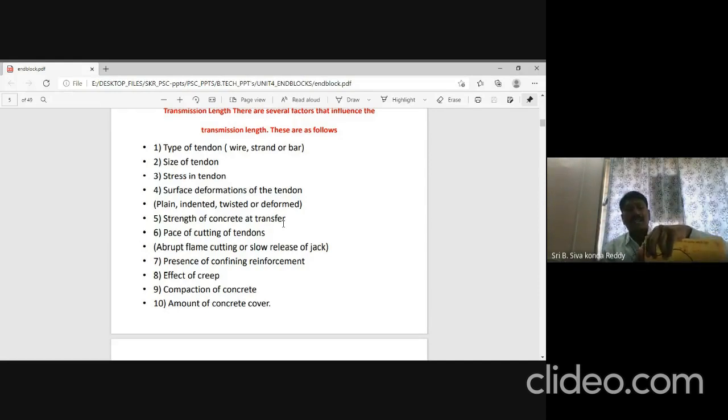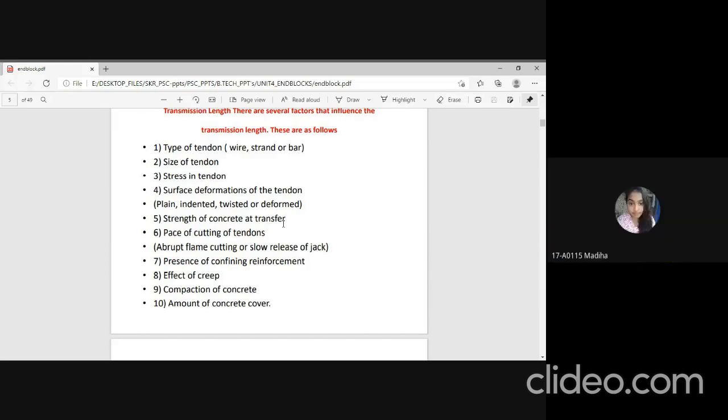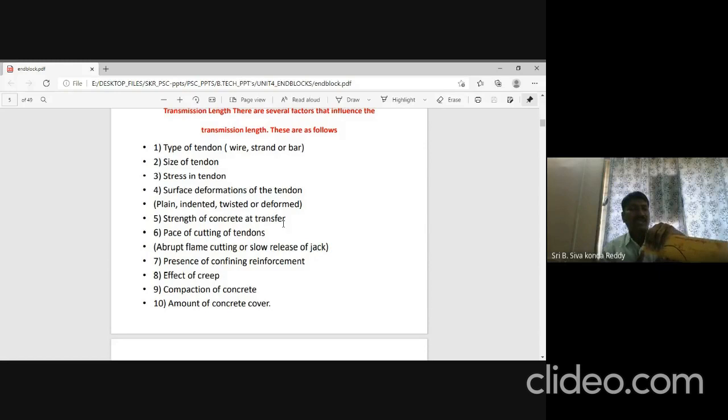If you release your cable all of a sudden, the cable starts moving very quickly inside the concrete, where you require more transmission length. If you start slowly, you give time to the cable to adjust to the surroundings. So slow cutting will reduce our transmission length.